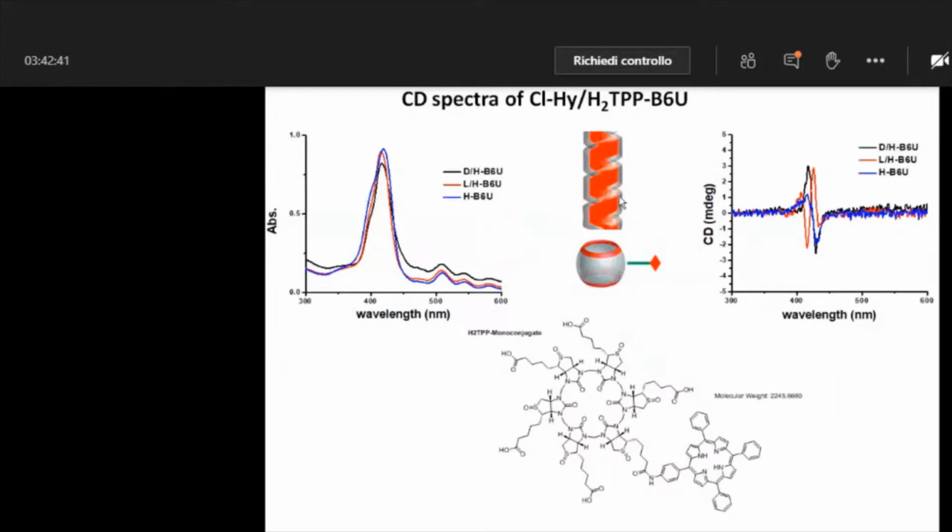When we combined the supramolecular helices with these monoconjugate molecules, interestingly, we saw that initially the left-handed helices showed a CD signal very similar to the monoconjugate. But when you combine these monoconjugate molecules with the right-handed helices, it shows an opposite CD signal, which was very interesting. It also confirms the incorporation of the monoconjugate within the helices.